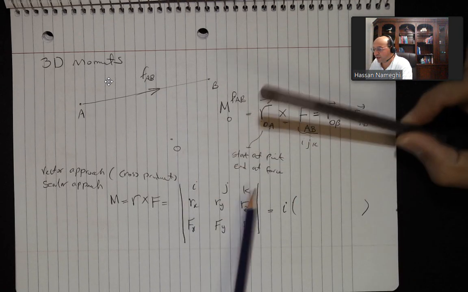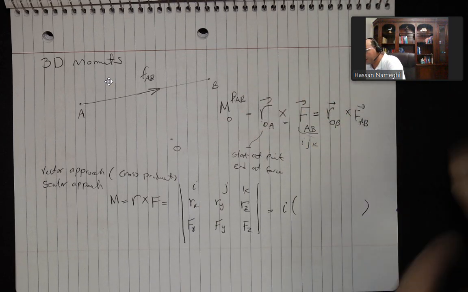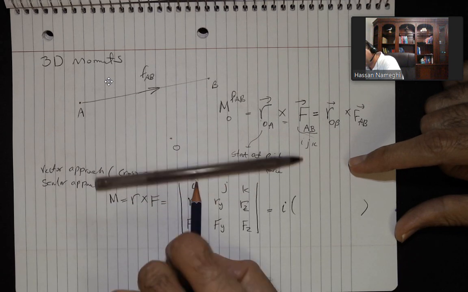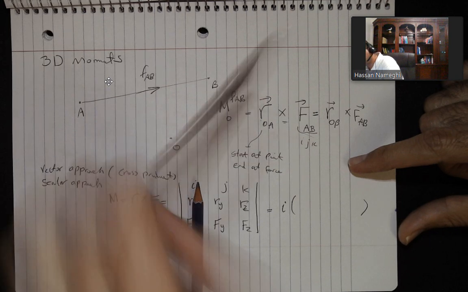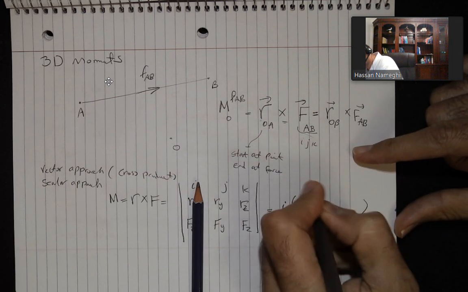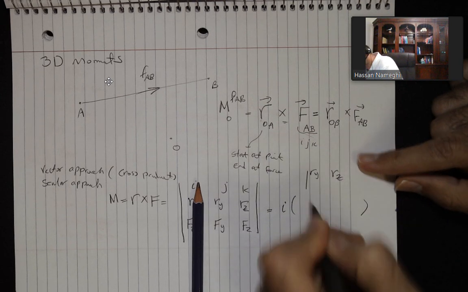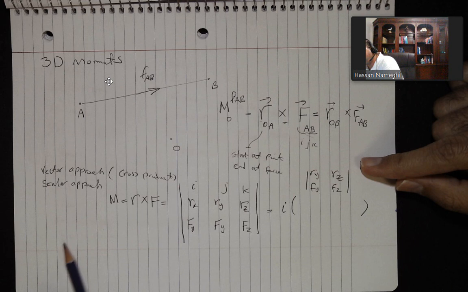We are actually breaking down a 3 by 3 determinant into 2 by 2 determinants. So I put here Ry, Rz, Fy, Fz. For the J, you have to use a negative J, and then plus K.